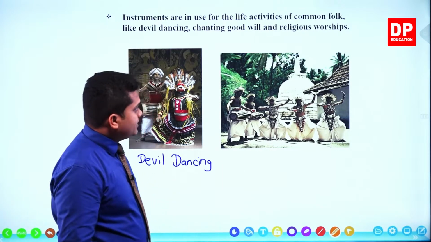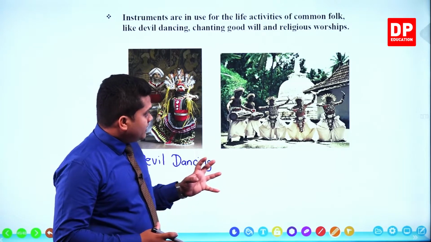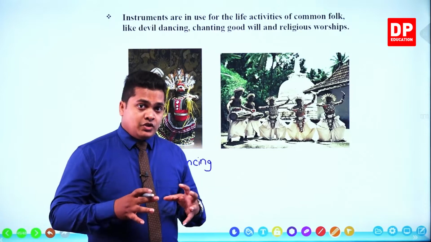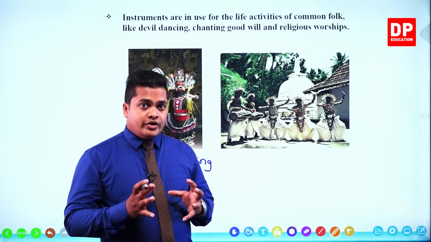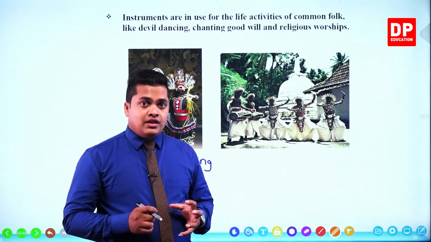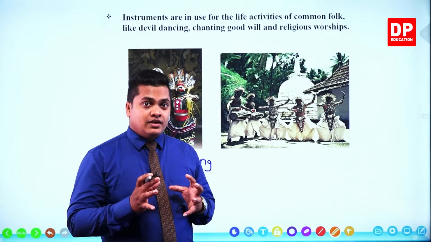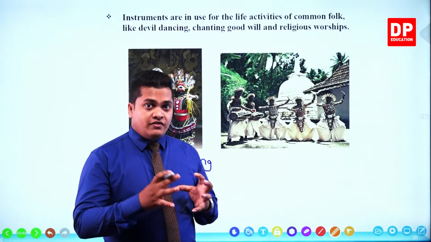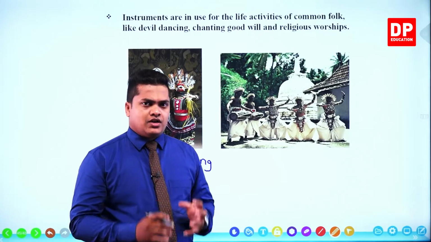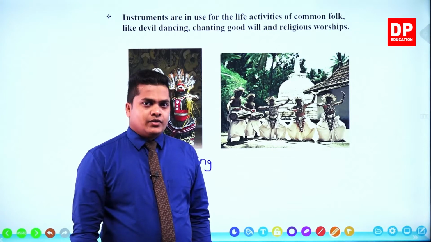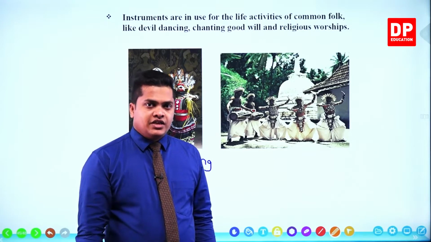So here, this is a religious worship thing. Actually, religious worship is now being used on different occasions, right? When you go to the Tooth Relic Temple, you can hear the music of Hevisi. We call that Hevisi in Sri Lanka. In that situation, we play different types of traditional musical instruments.